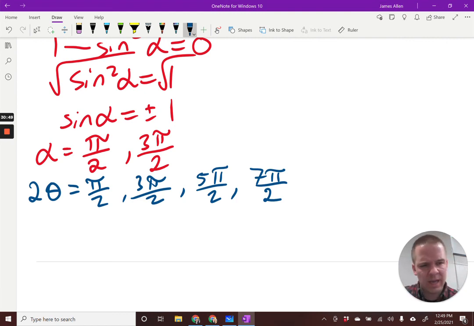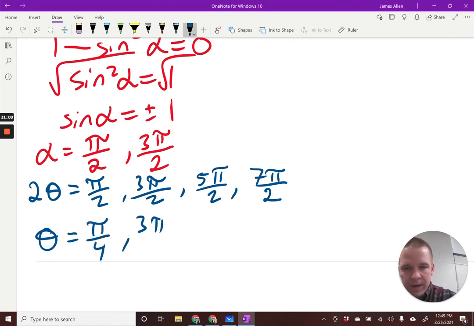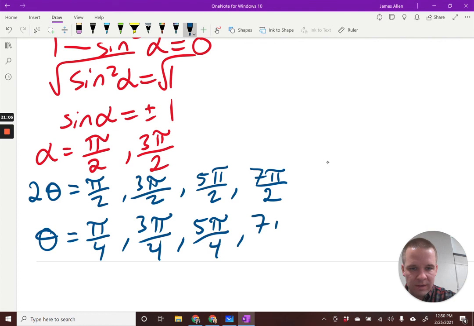I might not have done that on the first one. I can't remember now. It's been 30 minutes from then. Now I'll divide everything by 2 to get to just theta. So I get pi over 4, 3 pi over 4, 5 pi over 4, and 7 pi over 4.